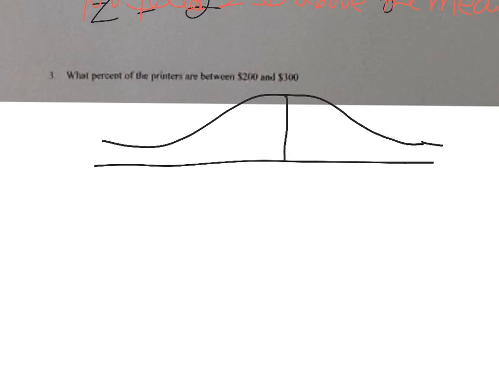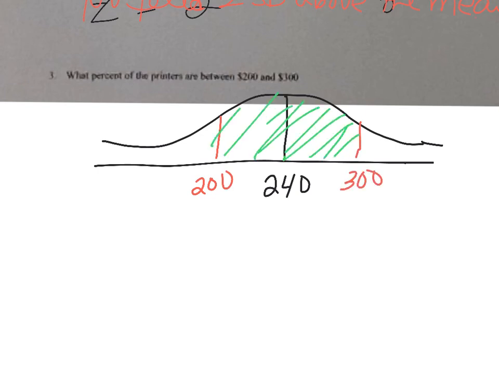Remember, the middle is the mean. My mean was 240, and we're looking for in between 200 and 300. I'm looking for this percent under here. All right, so I'm going to show you how to plug it in your calculator using 200 and 300, the mean, and also your standard deviation, which was 50.